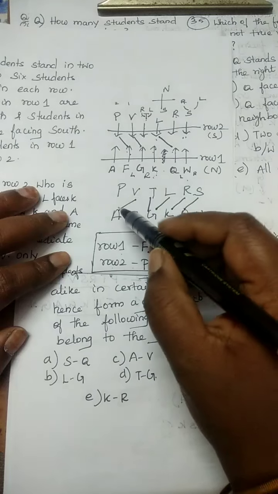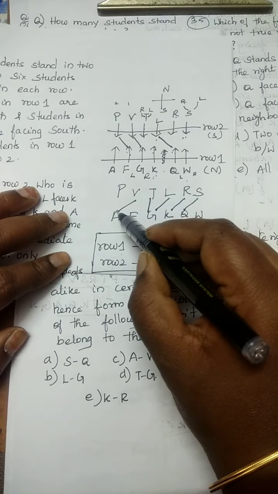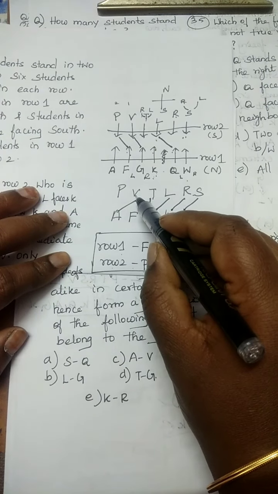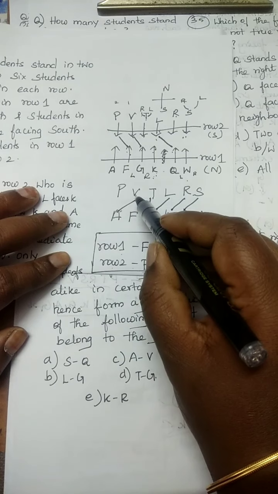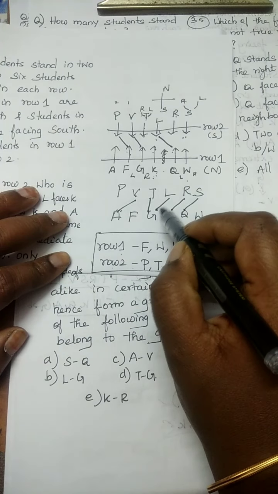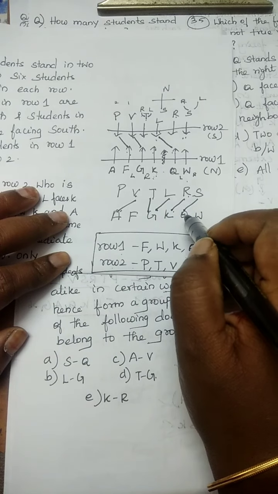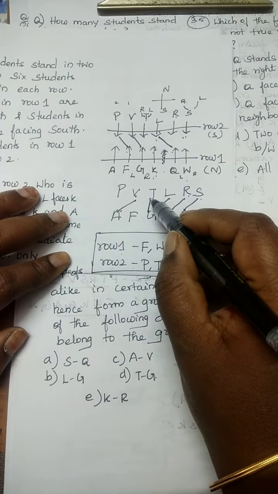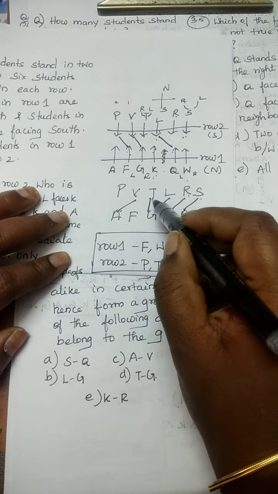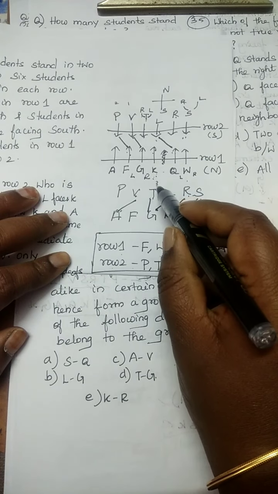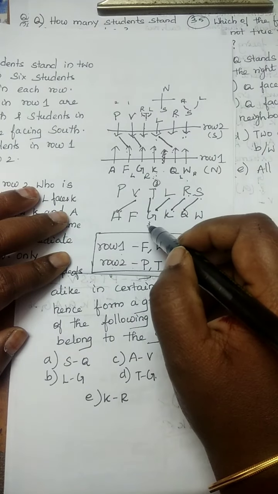This is the easiest one. See here. V, A. That means first to second. Here third to 4. Here 4 to 5. Here 5 to 6. But see here T and G. They are just opposite to each other. Both are in third place.